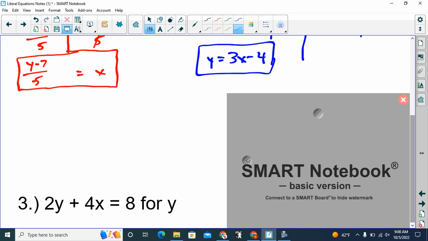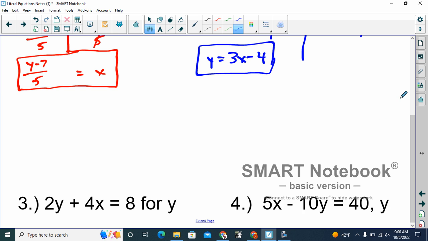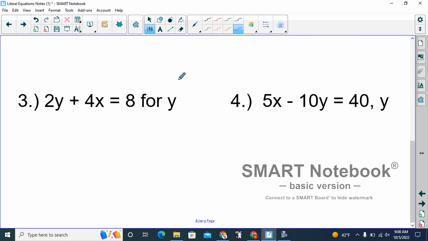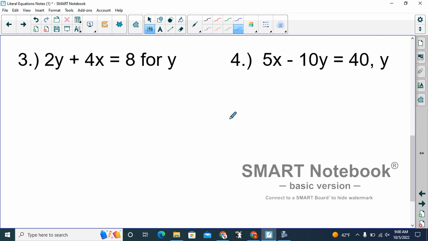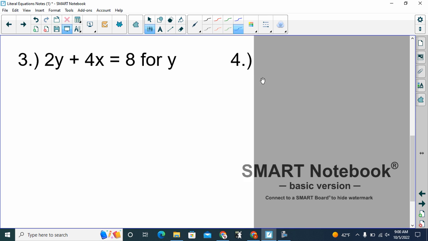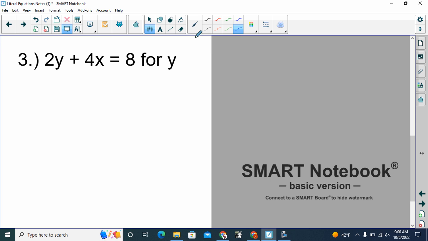Number 3 asks us to solve for y, and we are given 2y plus 4x equals 8.